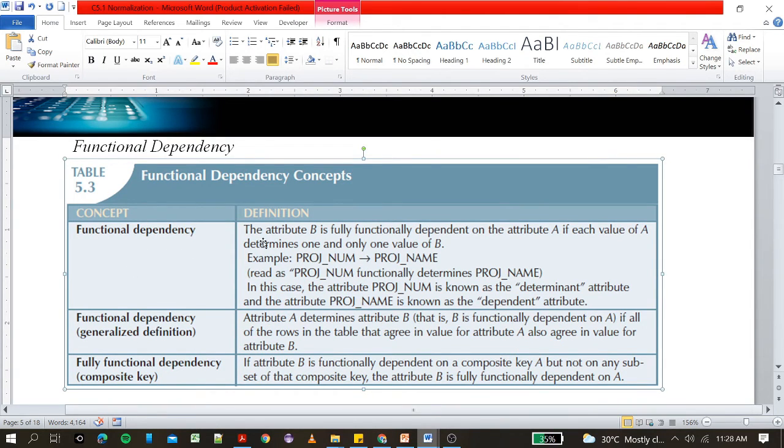Okay, so ito yung definition niya. The attribute B is fully functionally dependent on the attribute A if each value of A determines one and only one value of B. Okay? Example, from our table, we have the project number and the project name.